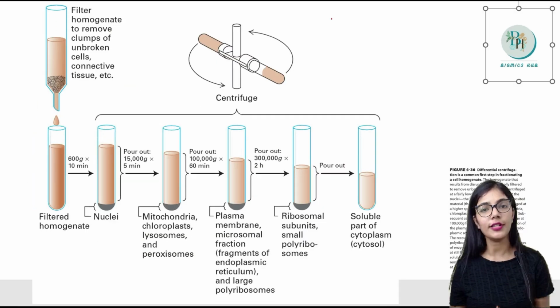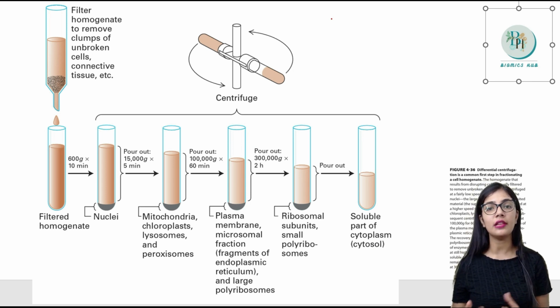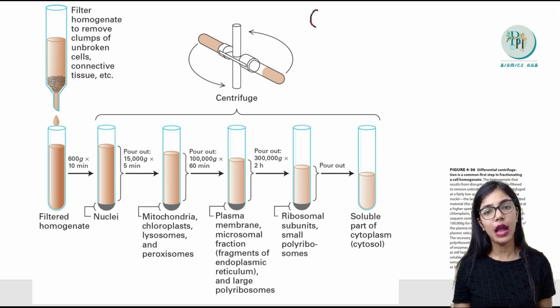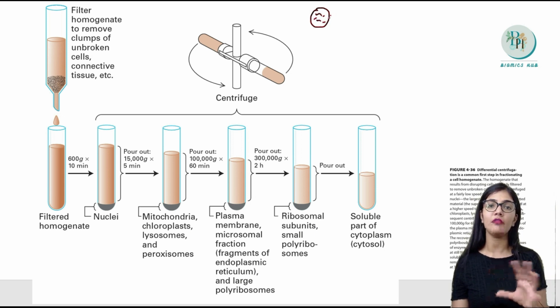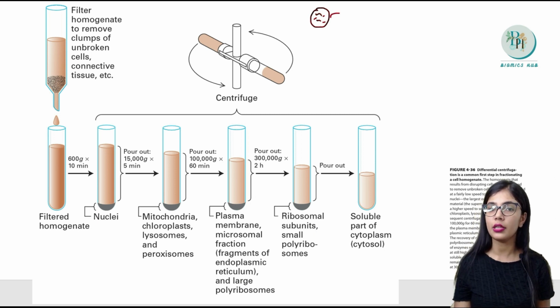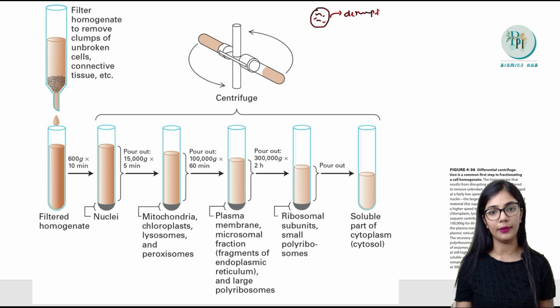Now let us discuss why it is also known as the cell fractionation technique. We have a cell, and in the cell there are various types of cell organelles present. We have to separate the cell organelles. For this, first we have to disrupt the cell.